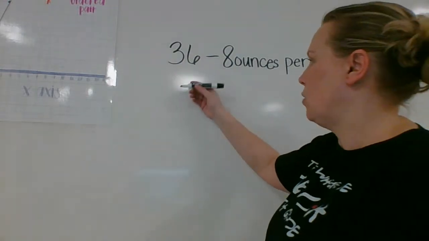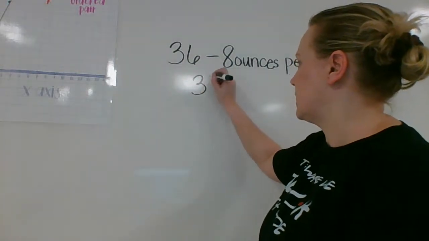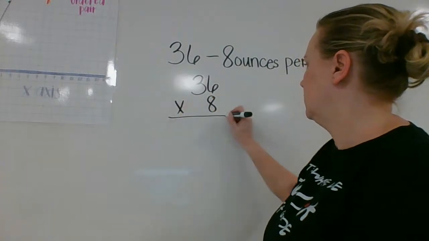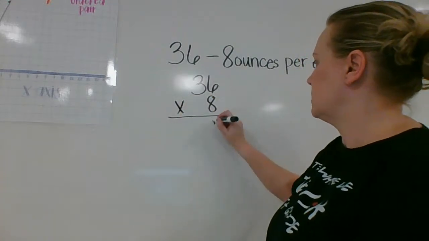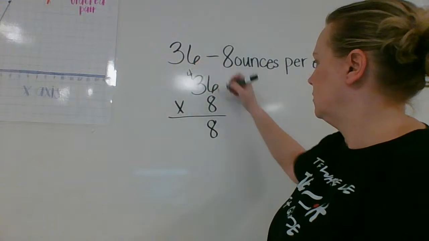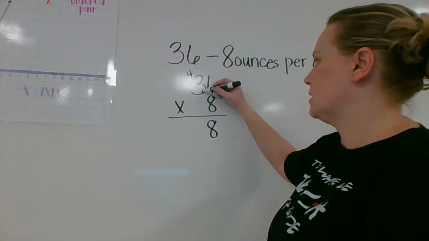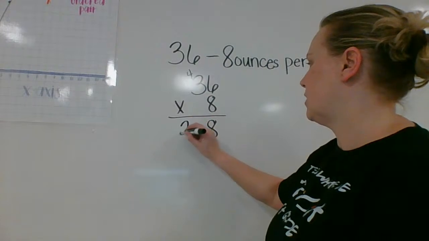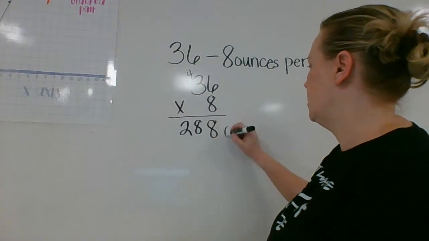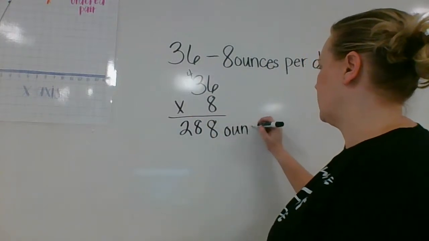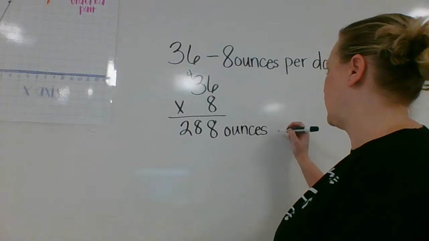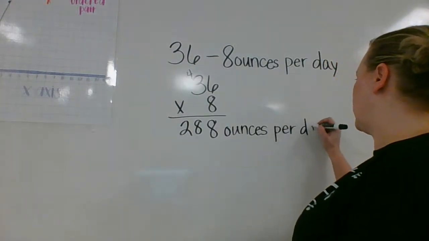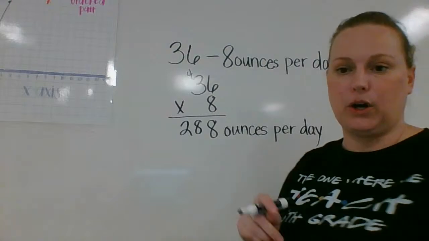So if I find the total number of ounces, that's 36 times 8, right? 8 times 6 is 48. 8 times 3 is 24, 25, 26, 27, 28. That's 288 ounces per day. But the question is not asking how many ounces per day. It's asking how many pounds per day.